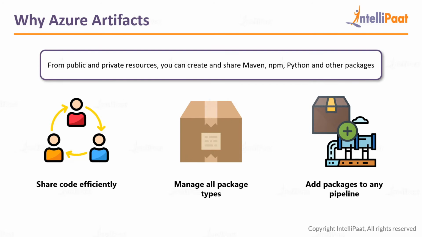So if person A uses a different package version and then gives that code to person B, that person might have a different version, and the code given by person A might not work in the system of person B. So how to solve this? You can use Azure Artifacts. You can have all the artifacts, all the packages, in a single location, so that every single developer in your company uses the same packages with the same versions and nothing changes, so that you can share code efficiently.